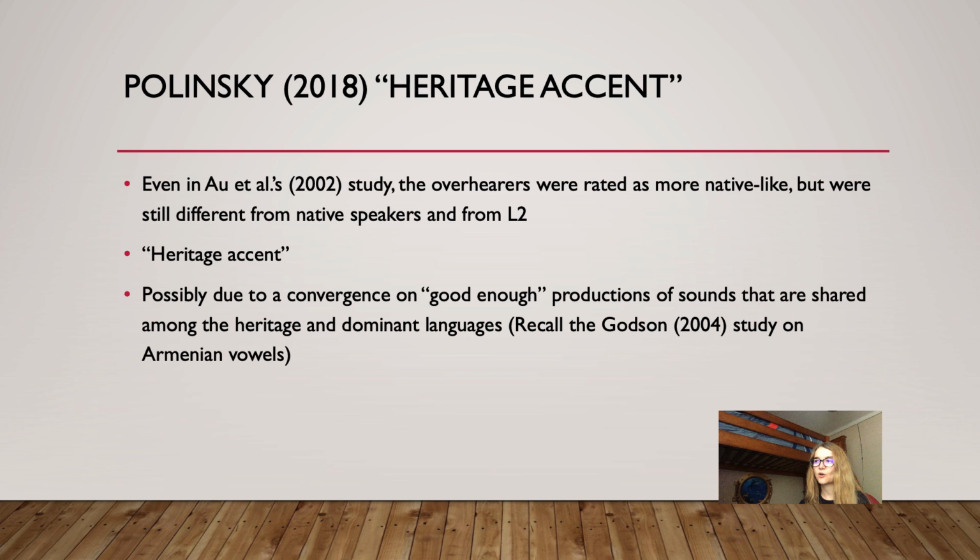So if you're speaking two languages and both of your languages have the sound ah, let's say in language A, the ah is slightly different from language B, but it doesn't really matter, there isn't a distinction between those two ahs in either language. Then the heritage speaker will just converge on something that's good enough and works for both of them, and that's what they go with. So that could be what explains the heritage accent.